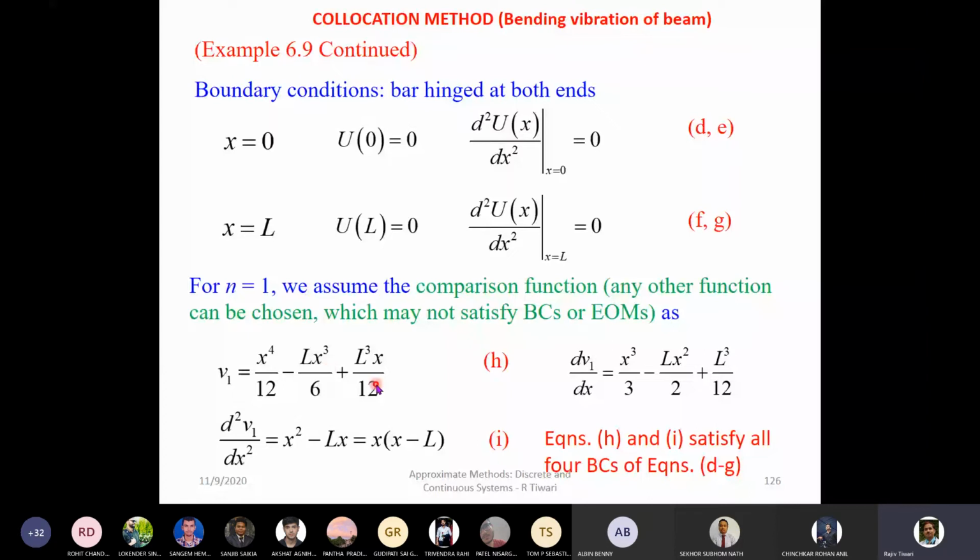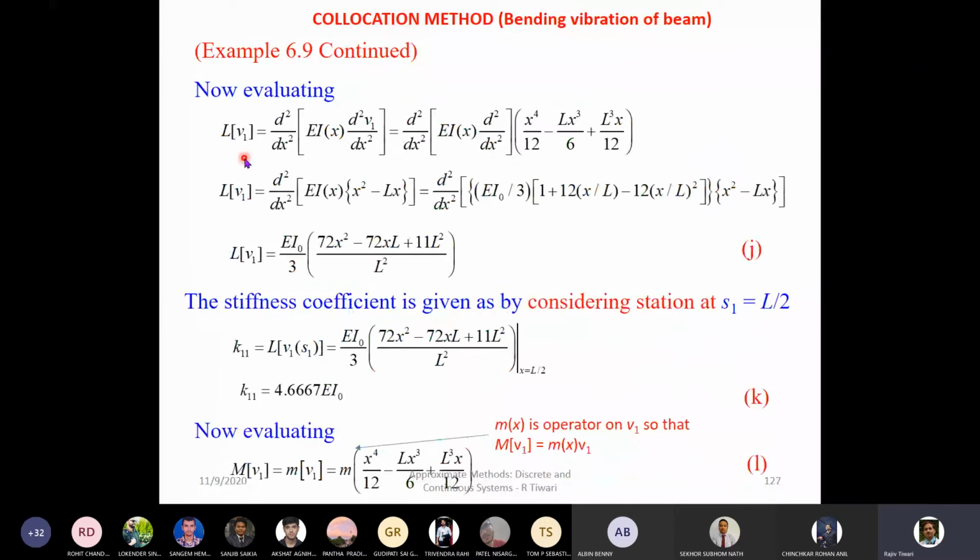Now the procedure of calculating the stiffness K requires the L operator on V1. V1 is the comparison function we have chosen. The L operator for the bending of a beam is this. If we operate on this function, it is the same as we have done in the Galerkin method.